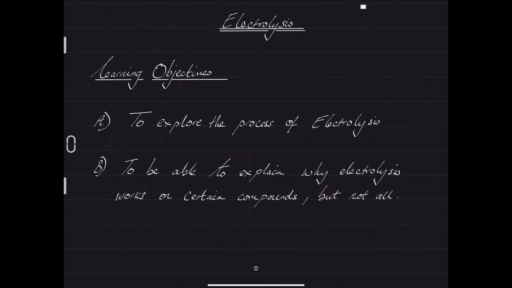We are going to look at electrolysis, and we're going to explore the process of electrolysis. That's the first step we're going to look at. We're going to define what electrolysis is and look at the overall procedure of how we utilize electricity in obtaining a certain product.